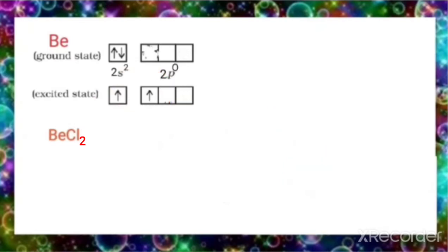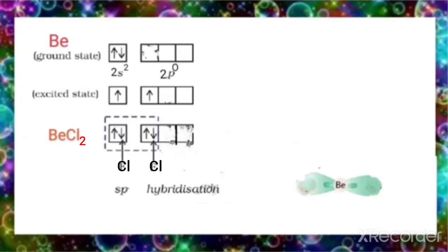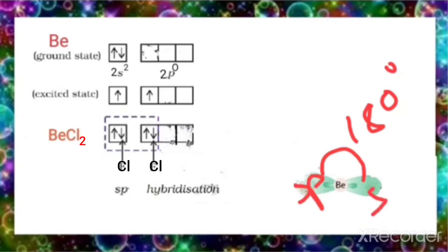The 2 sp hybrid orbitals are oriented in opposite directions, forming an angle of 180 degrees. These are the 2 sp hybrid orbitals for beryllium, so its shape is linear.